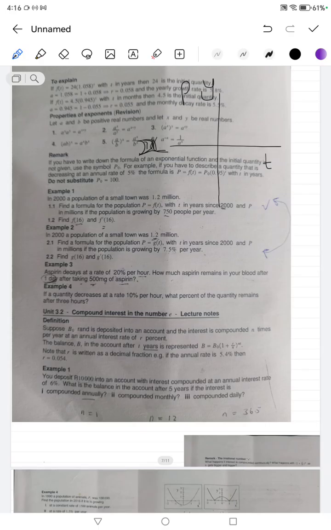So your time is independent, then your population is dependent on time. So on your y-axis you're going to put the one that's dependent, then on your x you're going to put the one that's independent. And if you were required to find the slope, your m, you're going to have your delta p over your delta t.